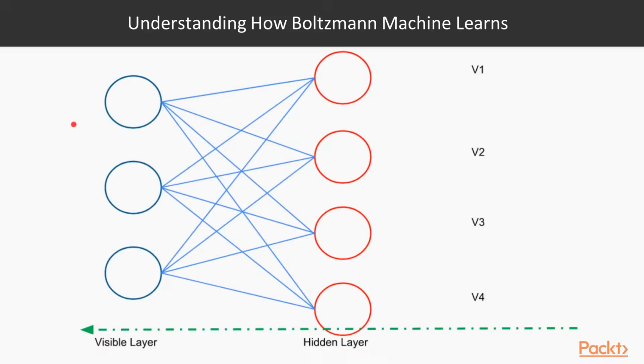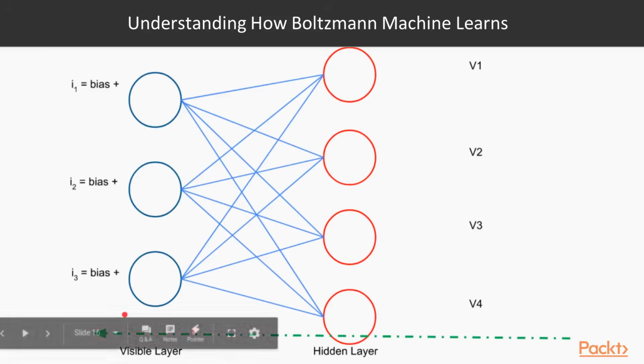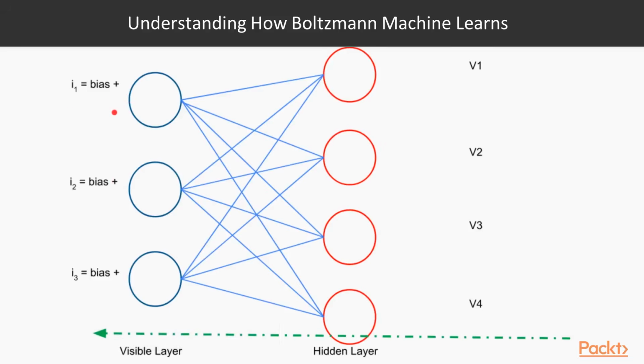And now you will try to pass these values from this particular neuron to the input using this particular weight. So your values will be multiplied by weight and a bias will be added. Something like this. And then you compare whether they are the same. That means your Boltzmann machine has achieved the low energy state that you want it to achieve, else you have to continue the process.